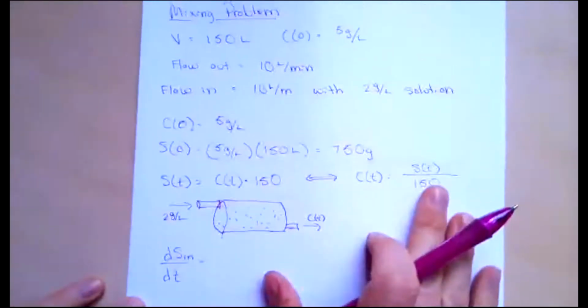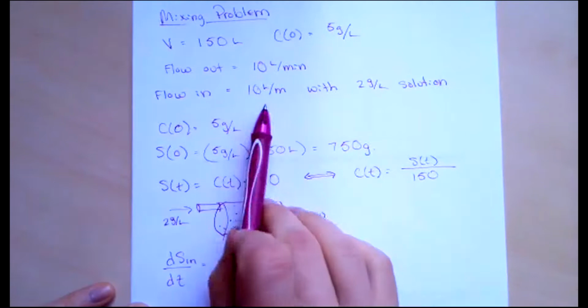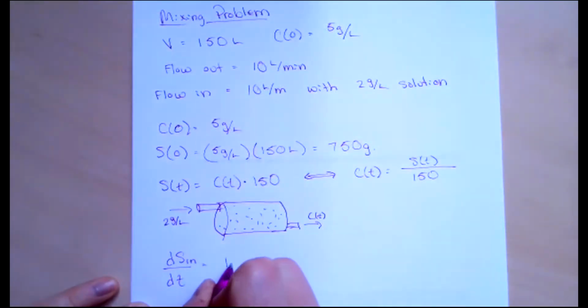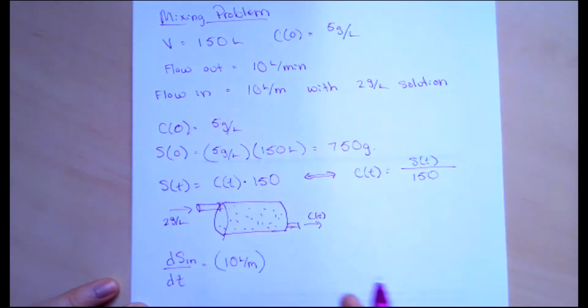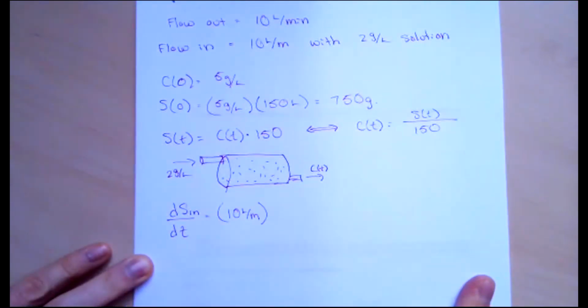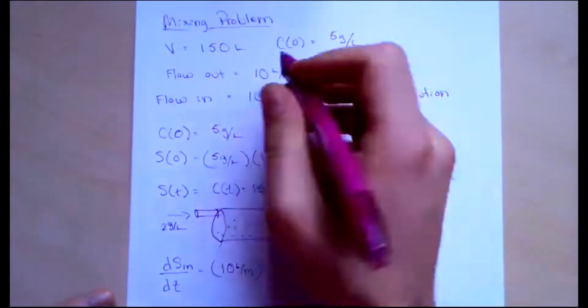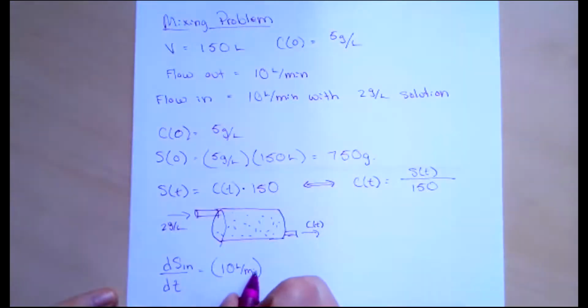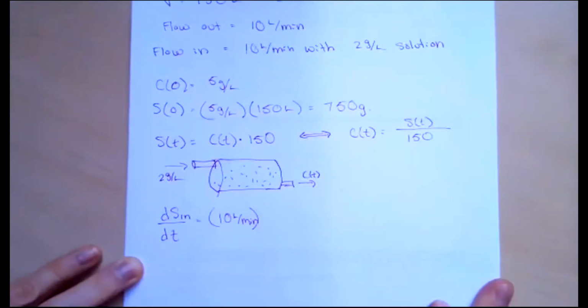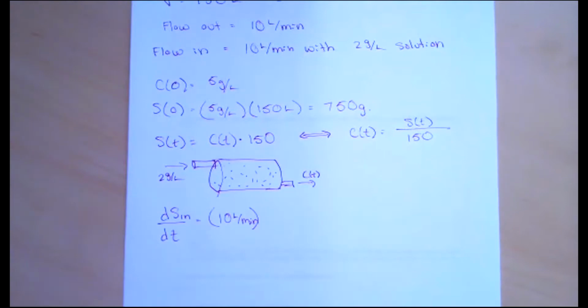Well, we're flowing in at a rate of 10 liters per minute. So every minute, I got 10 liters coming in. And of those 10 liters flowing in, how many grams of salt should I have?